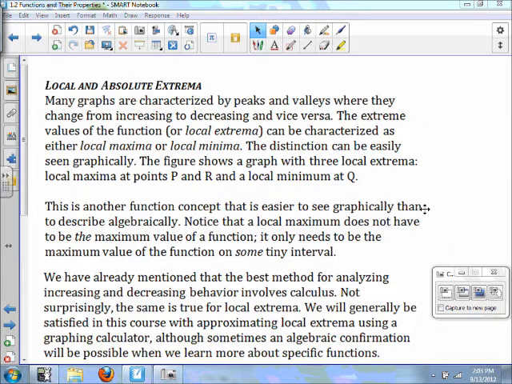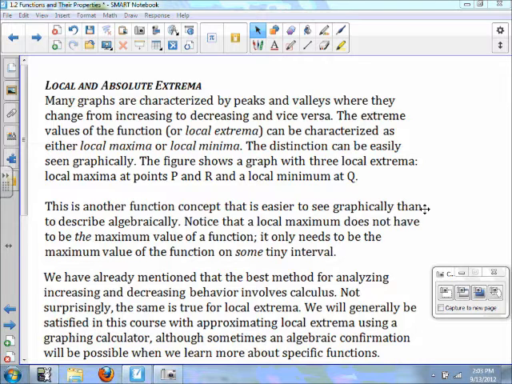Going along with boundedness is local and absolute extrema. Many graphs are characterized by peaks and valleys where they change from increasing to decreasing and vice versa. The extreme values of the function, or local extrema, can be characterized as either local maxima or local minima. The distinction can easily be seen graphically.